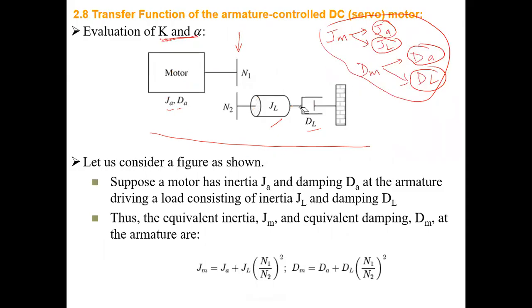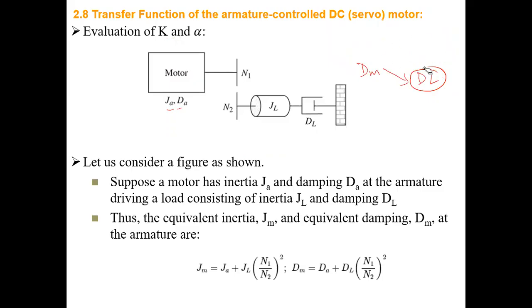Now your goal is to figure out the JM and DM, right? JM has two parts, DM has two parts. So you have to figure out these two, meaning you have to jump here.